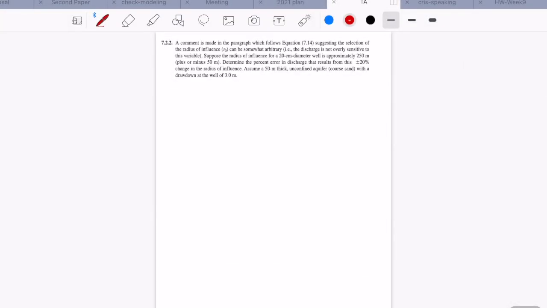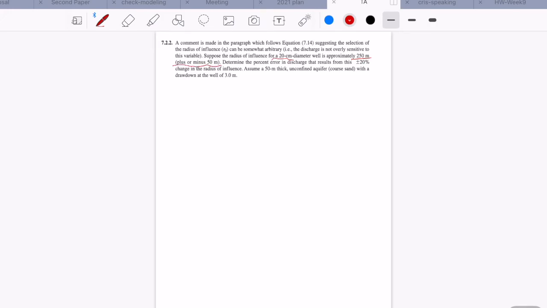For the fifth problem, a comment is made in the paragraph which follows equation 7.14, suggesting the selection of the radius of influence R0 can be somewhat arbitrary. Suppose the radius of influence for a 20 centimeter diameter well is approximately 250 meters plus or minus 50 meters.